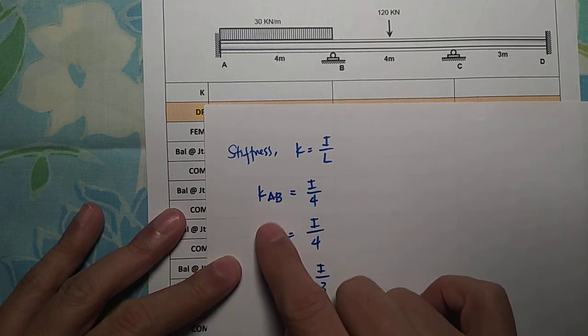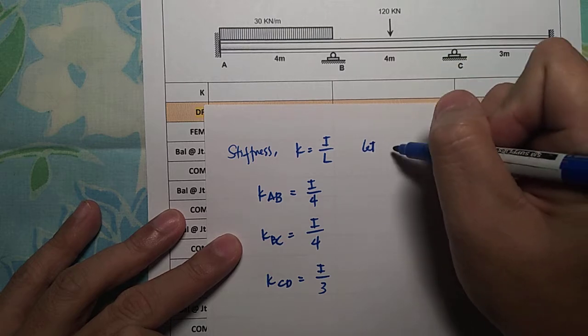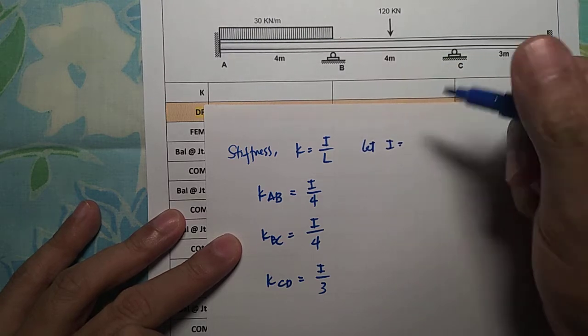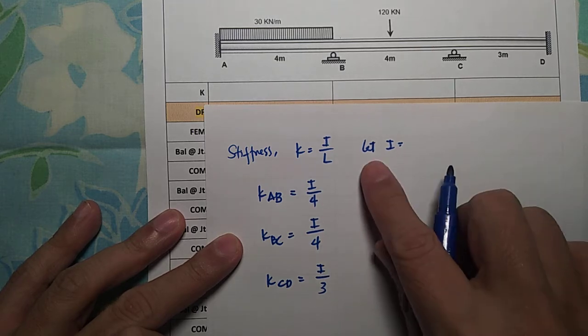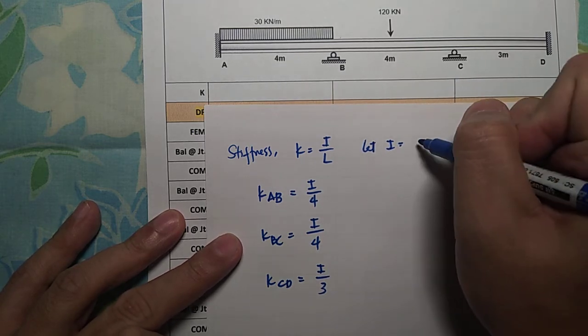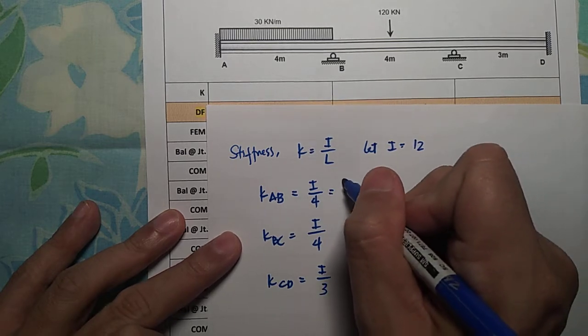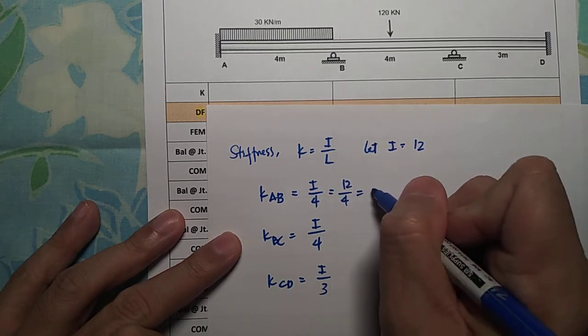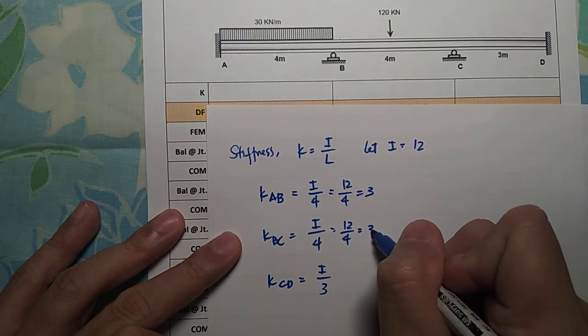Now to make our stiffness constant, let us assume the value of I to be a multiple of the denominators 4, 4, and 3. So we could let I be, say, 12. If I is 12, then this would be 12 over 4, so this is 3. Again, 12 over 4, so this is 3.